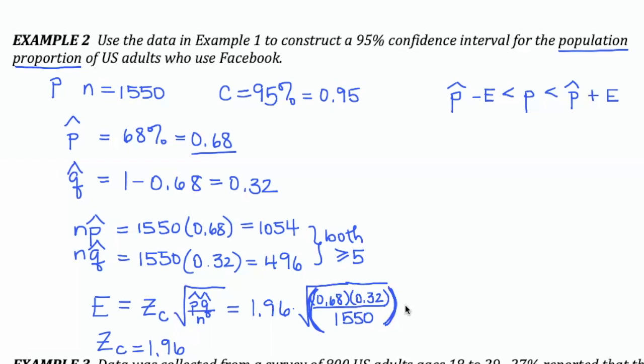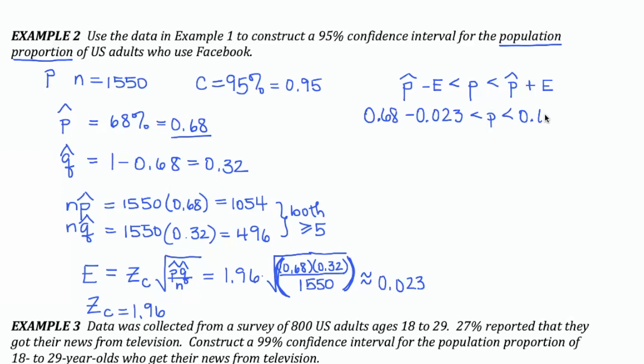When you do that, you get approximately the decimal 0.023. That's my margin of error. So now I'll go to my p hat, which was 0.68, subtract that amount, and add that amount. So I get a boundary on the left of 0.657 is less than my population proportion of success is less than 0.703.